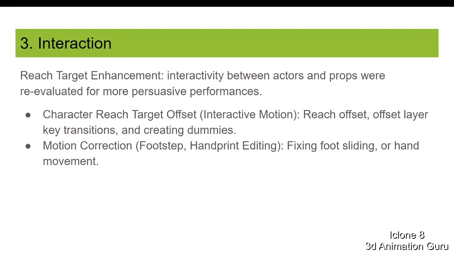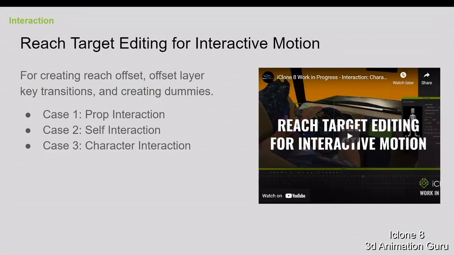And then you have the leash target editing for interactive motion. So we have for creating leash offset, offset layer, keying, transition, and creating damage. Case 1, prop interaction or self interaction with character interaction. So let's try to see.